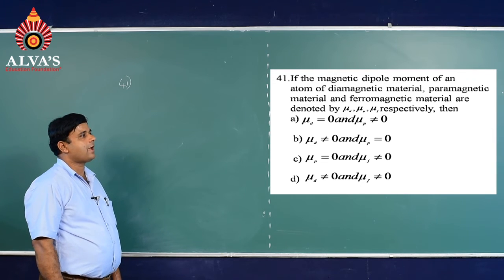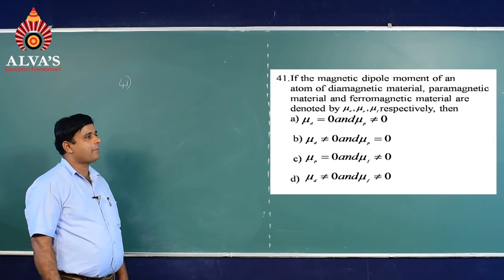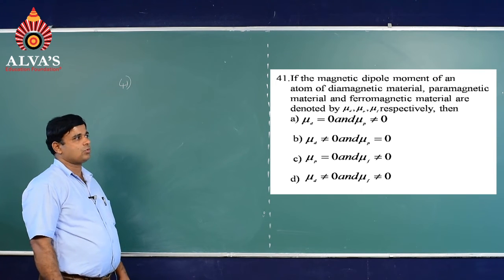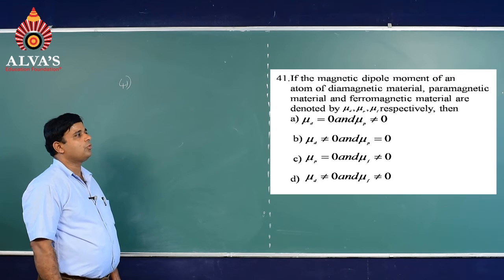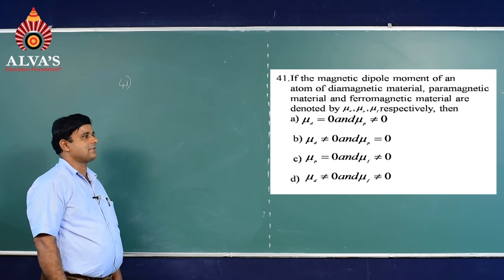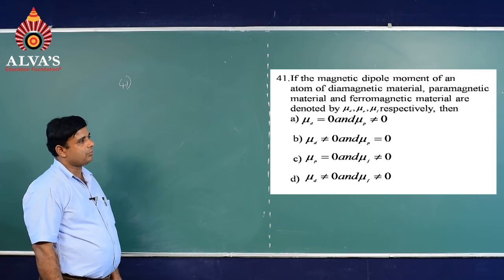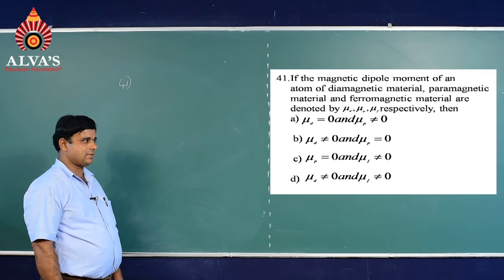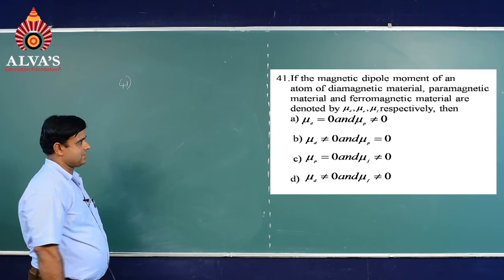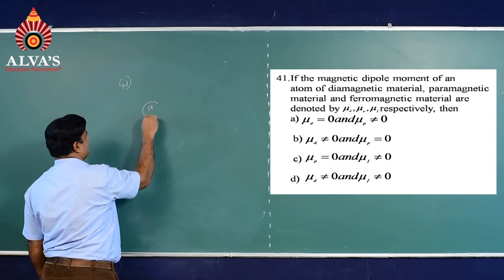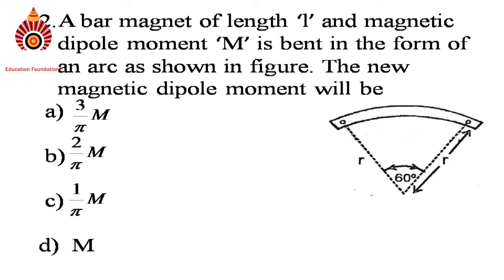In case of para and ferromagnetic material, magnetic dipoles exist, so the dipole moment is non-zero. So, mu d is always 0, mu p and mu f are non-zero. So, the answer should be mu d 0, mu p non-zero. A is the answer.